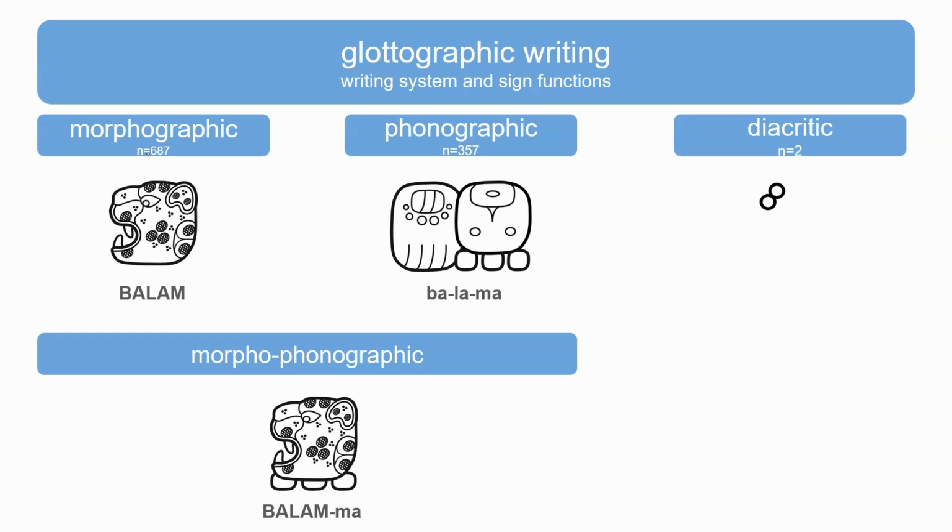And here is Balaam with a combination of a logograph with the Ma element, indicating the final consonant of the word Balaam. This is a nice feature I'm going to explain next. It's a doubler, number 2 here. And this is a so-called diacritic sign, of which we have only a few. In Maya writing, we don't have determinatives.